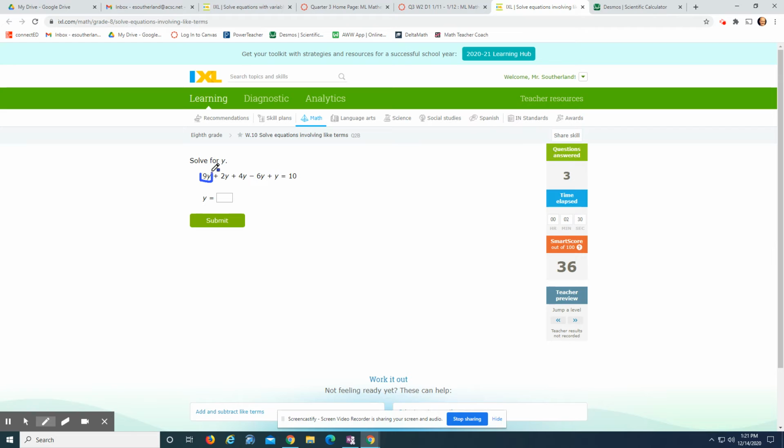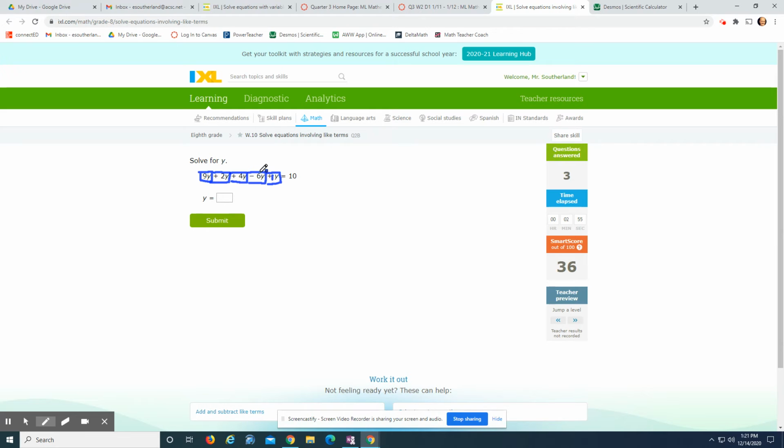So what I'm going to do, I'm going to draw a box around each one of the things that has a y. There's a 1 in front of that y. 9 plus 2 is 11. Plus 4 is 15.